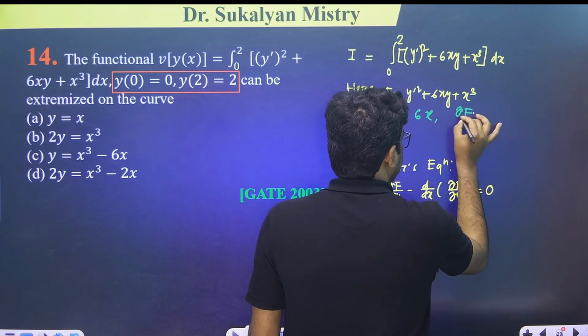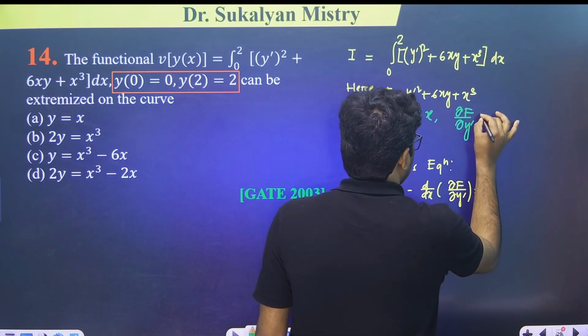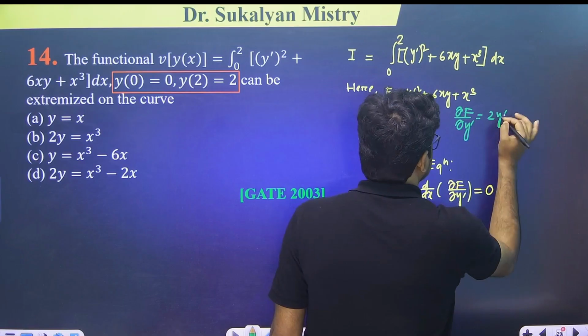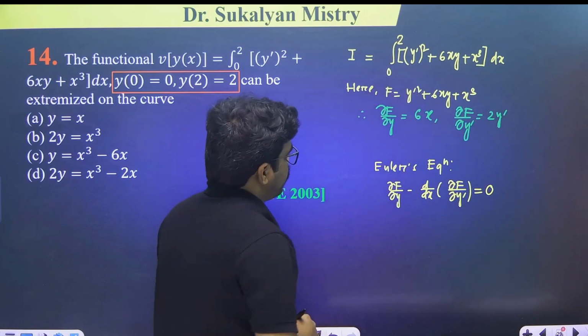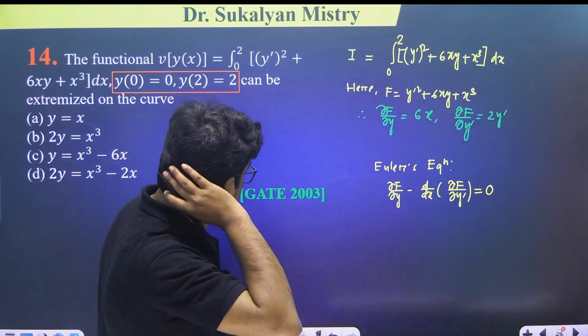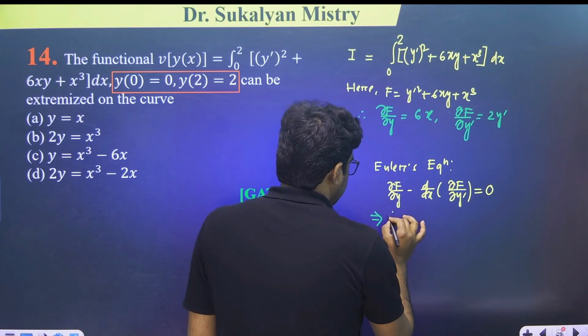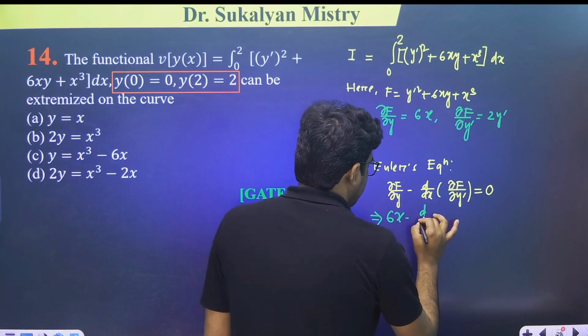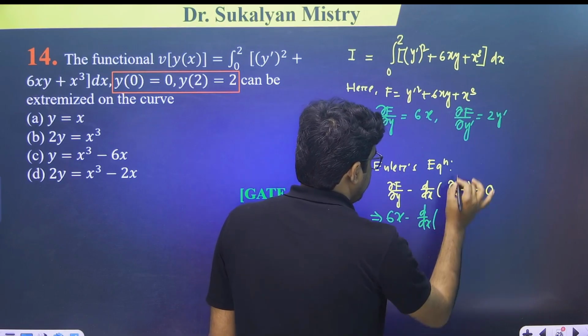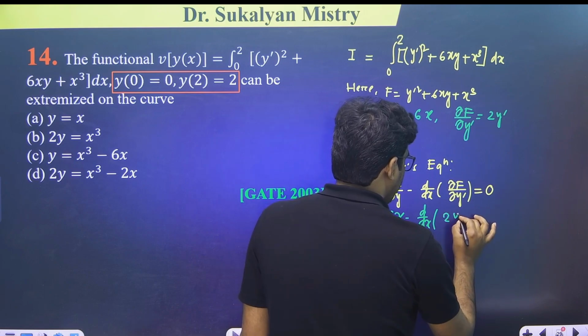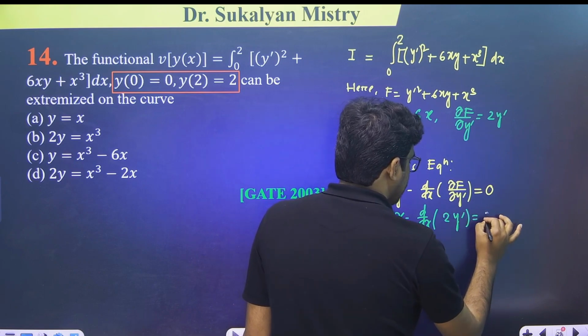And ∂f/∂y dash is 2y dash. So 6x minus d/dx of 2y dash is equal to 0.